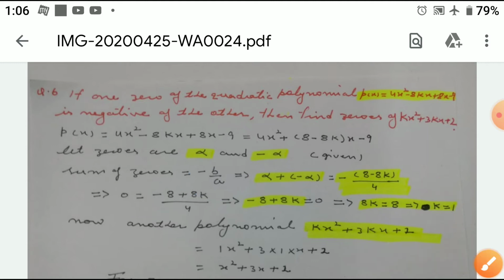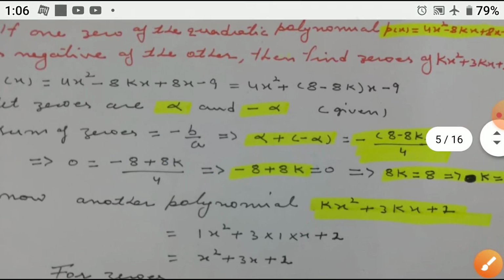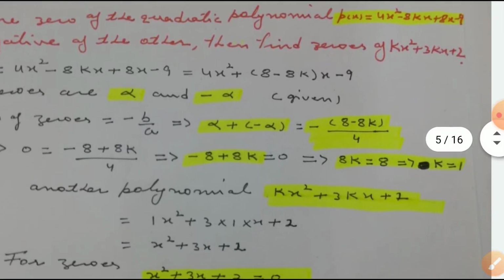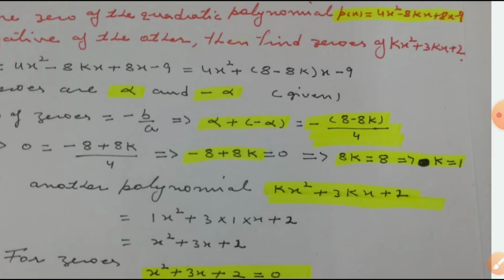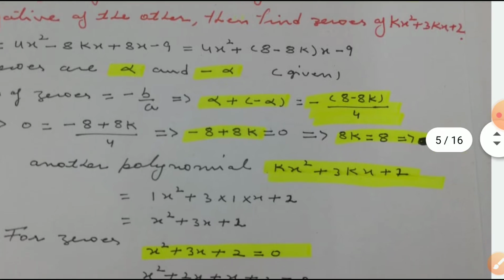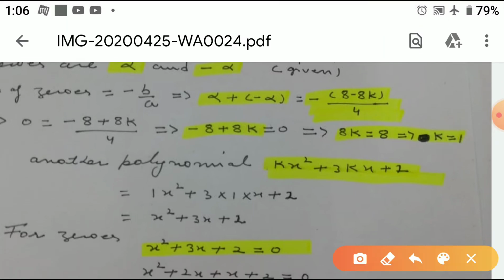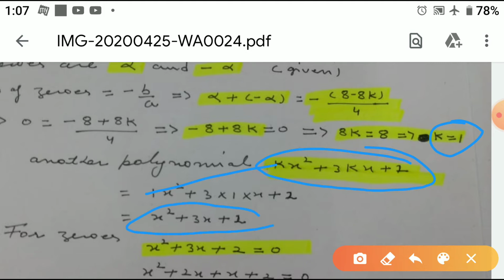Now he's saying find the zeros of this. We need to find the zeros of kx square plus 3kx plus 2. Clear? So here the value of k is 1 and this is the polynomial. Put the value of k as 1 here and finally we get x square plus 3x plus 2.